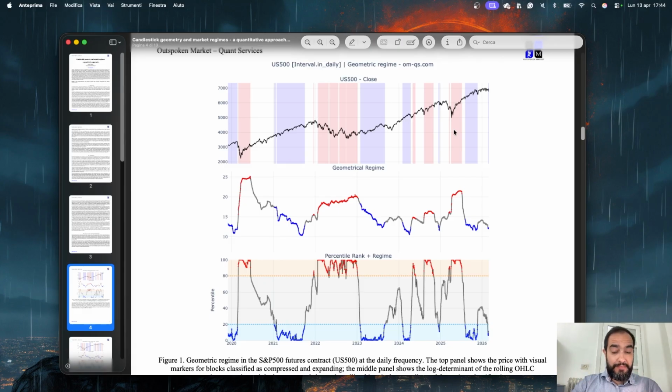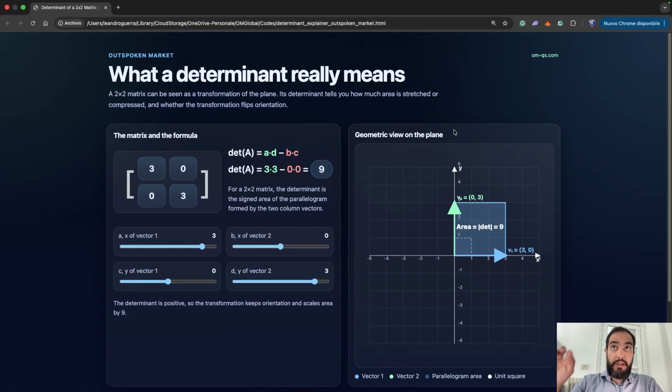And the idea is extremely simple. Everything consists in understanding what a determinant really means. Remember from high school, we have a matrix. In our example, just because it's a nice and beautiful square, we have a matrix 3 0 0 3, a 2 by 2 matrix, two lines, two columns.